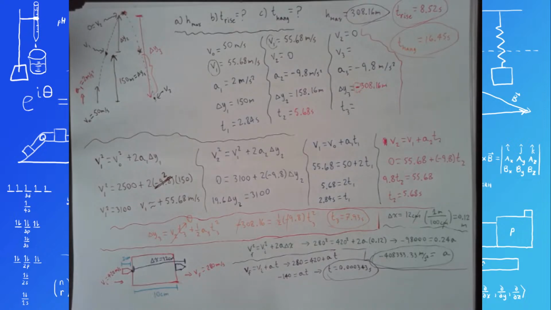So yeah, very, very, very tiny amount of time. Massive acceleration, yes, but over a very, very small amount of time results in not a very big decrease in velocity.